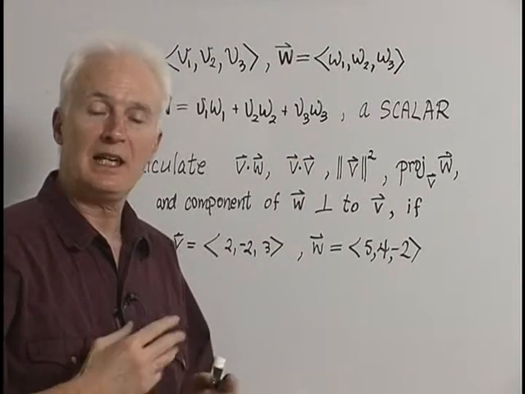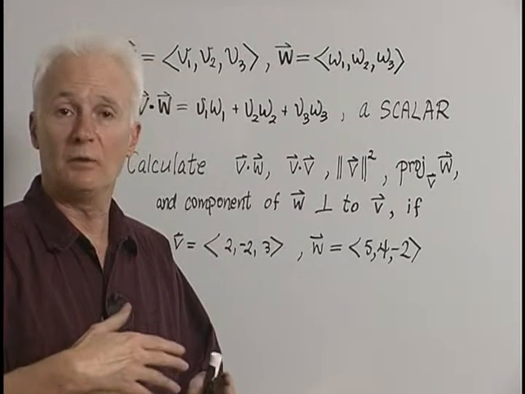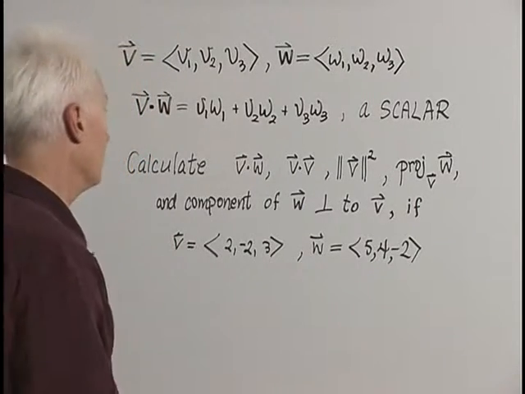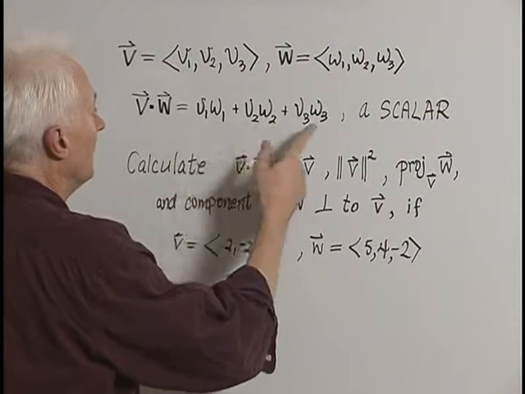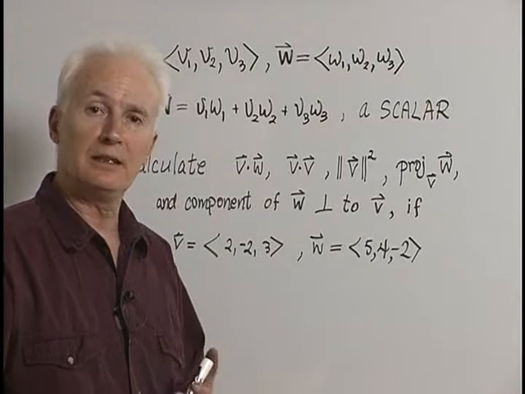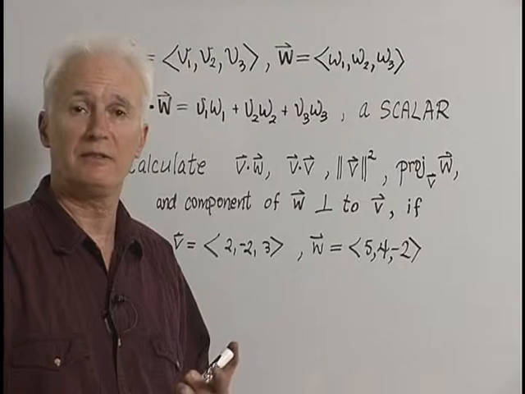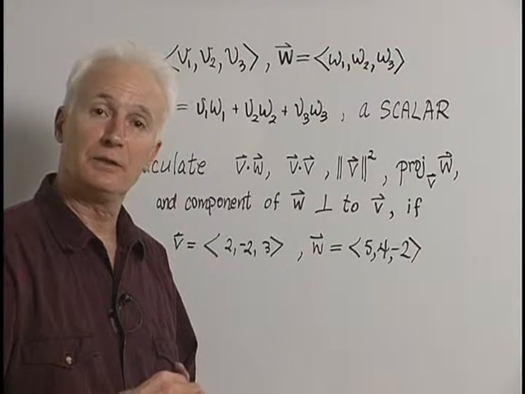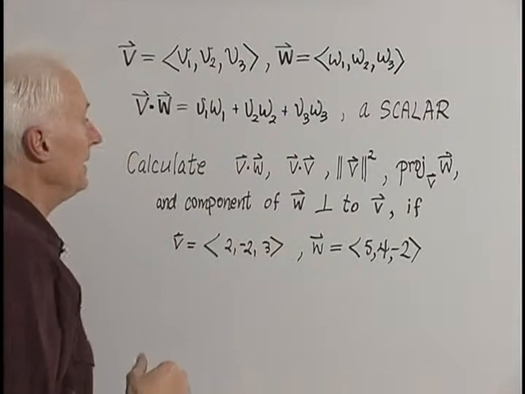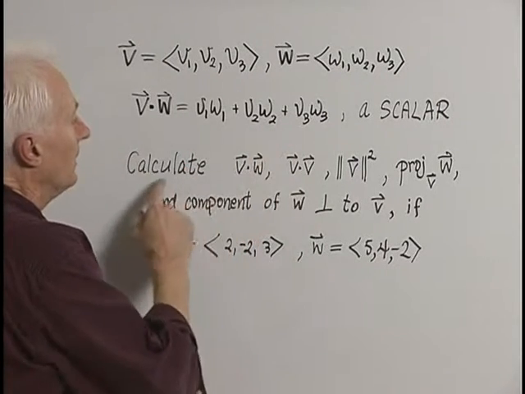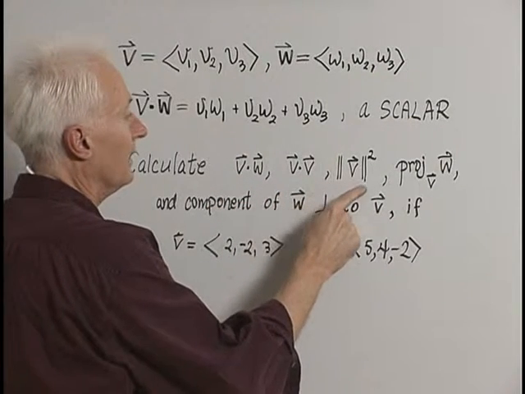In other words, we just multiply their same components coordinate-wise, and then add the results. This formula, which appears in and of itself to be rather meaningless, actually has all those geometric properties that we just discussed. And in fact, it's easy to see if you look at those pictures that this formula is a consequence.